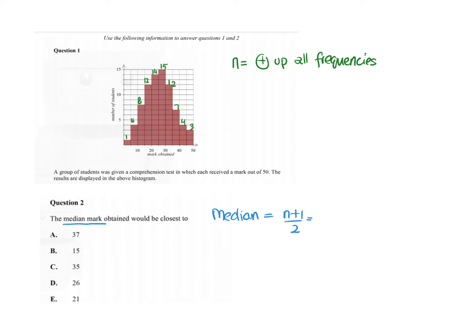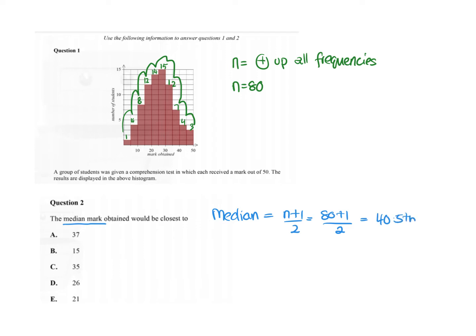If we add all these numbers up, you'll see that we end up with n equals 80. So we can find the median at 80 plus 1 divided by 2, which means at the 40.5 position.